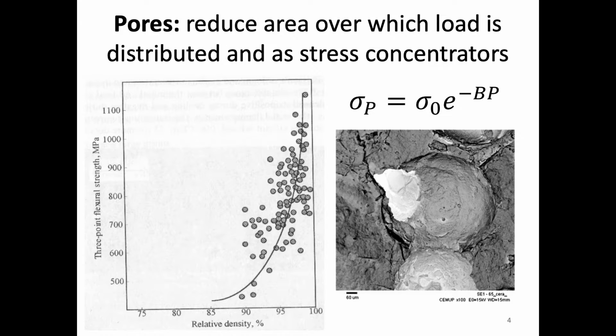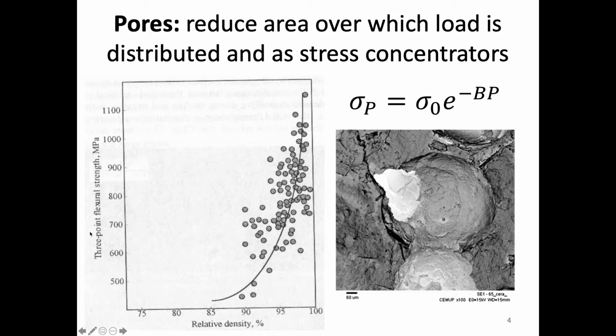The bigger issue is the one that we talked about, particularly last class, which is stress concentration. Since we have a bubble, some type of shape, usually a sphere, that will put stress concentration on the edges of the pore. And so this will act as a stress concentration, and therefore the strength will decrease.